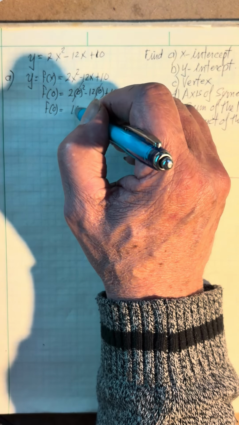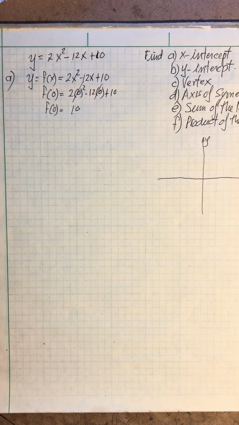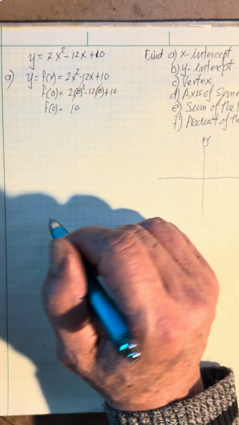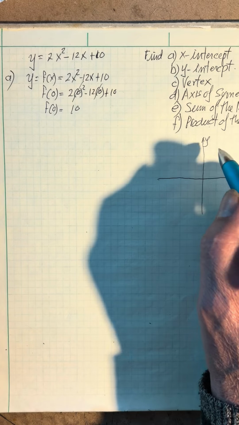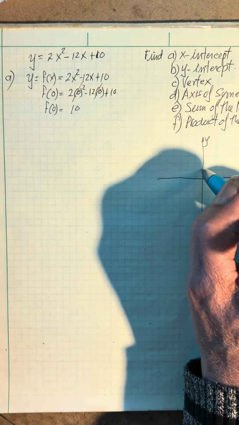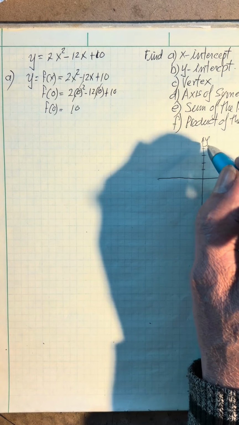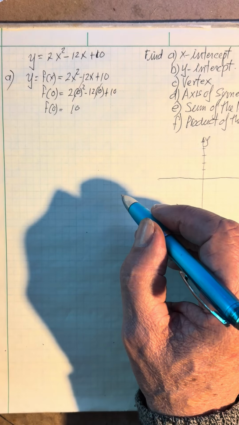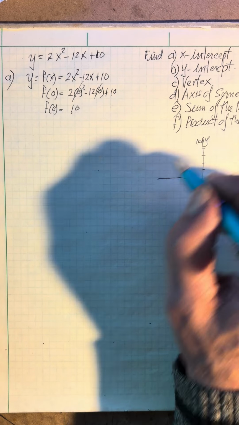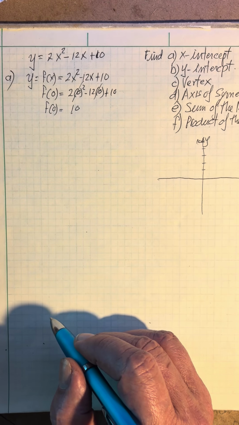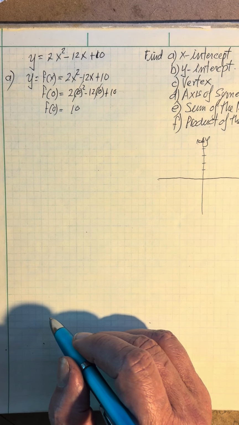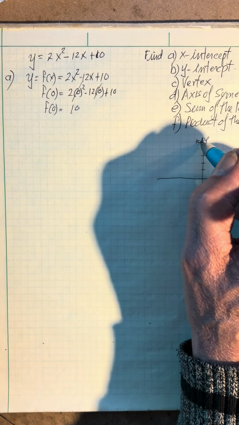That means that the y crossing is 10. And that's the answer. So we'll draw that here. 2, 4, 6, 8, 10. That's 10 here, and that's 1 point.